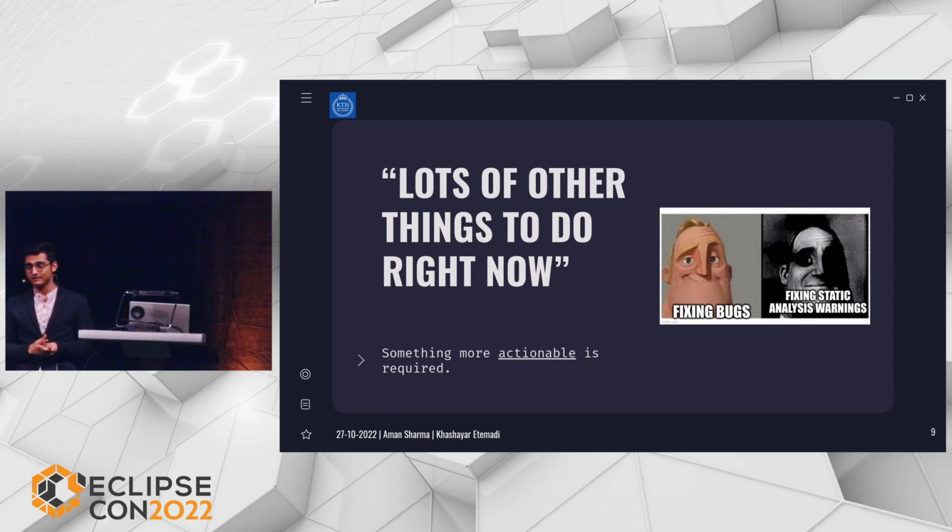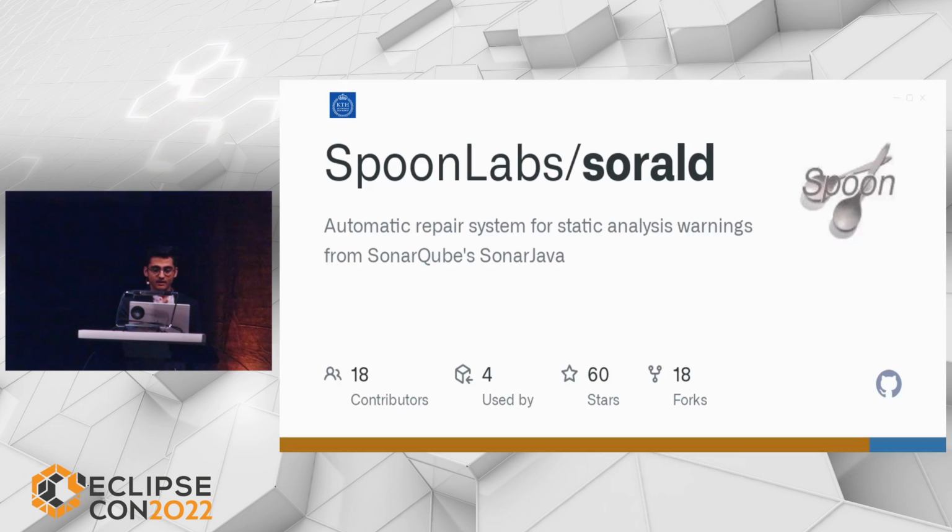They have a lot of things on their plate. They're busy with their development process, some development pipeline. So we want something more actionable, so that they can delegate their work. Maybe a bot would be required, a bot which would just fix those warnings for them. Yes, so that's exactly what we came up with.